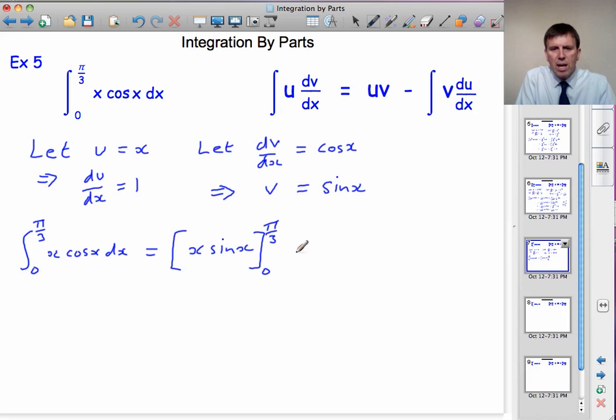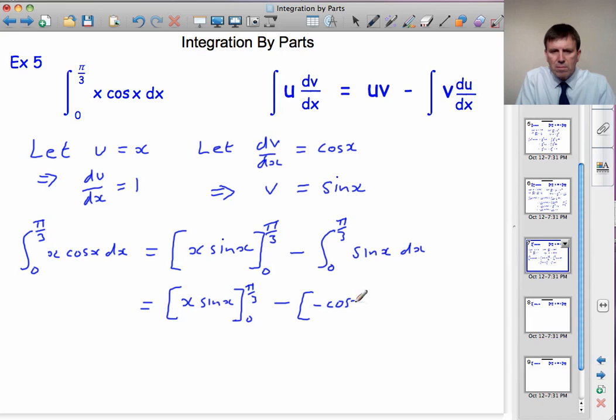So that was the uv, and we want minus the integral, again from the same limits, 0 and pi by 3, of v du by dx, which is sin x times 1, so that's just sin x. And we'll leave this in the bracket for the moment, x sin x between pi by 3 and 0 minus the integral of sin x is minus cos x, and that's between pi by 3 and 0.